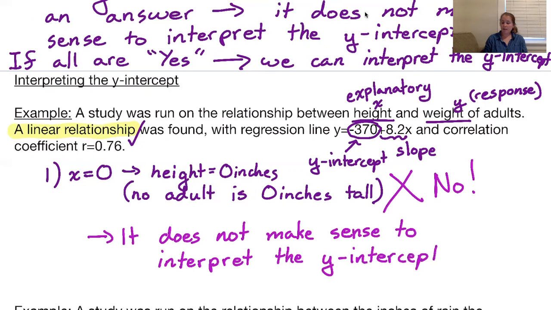Again, this does not mean the problem is wrong. It just means that we should not talk about what the y-intercept means in the context of the problem.